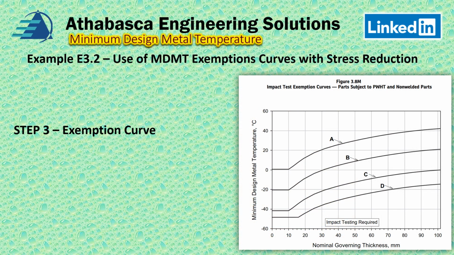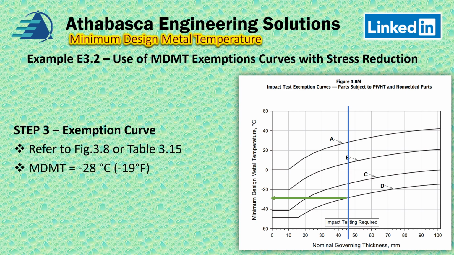So let's look at Step 3, the exemption curves. We're going to refer to Figure 3.8 or Table 3.15 for the tabulated version, because we chose that since it's a post-weld heat treated part, so the stresses are lower, and it's a non-welded part.